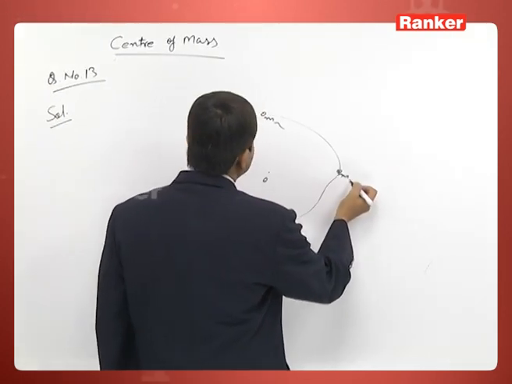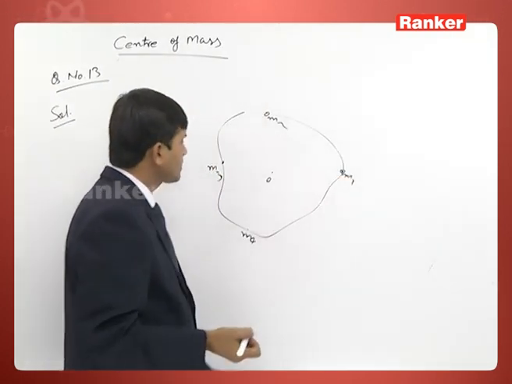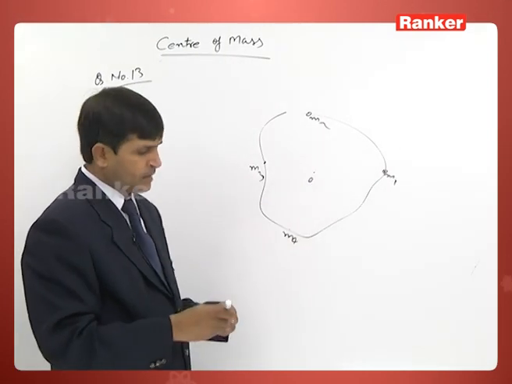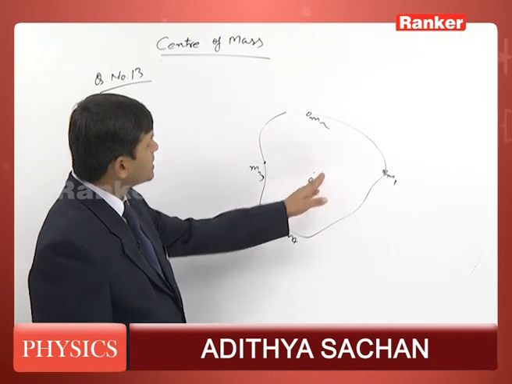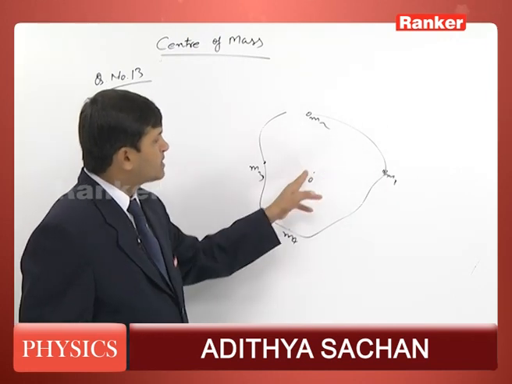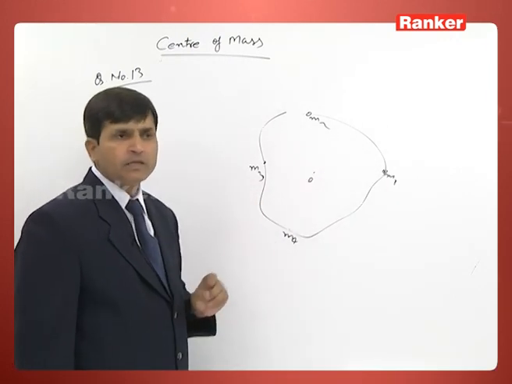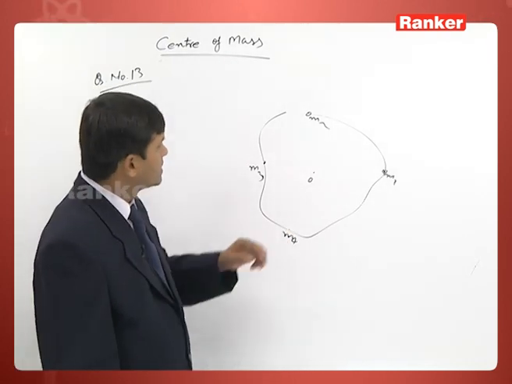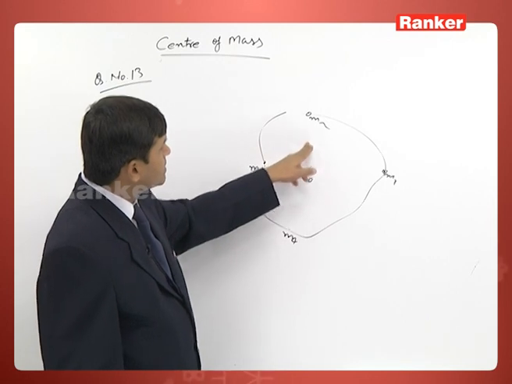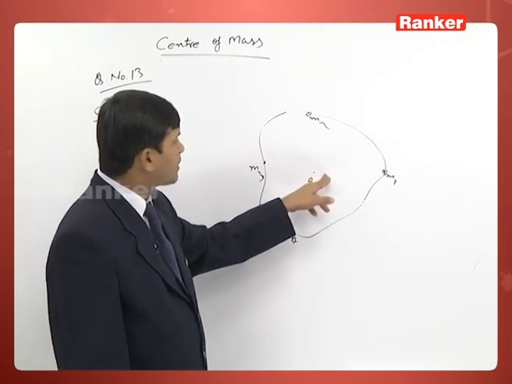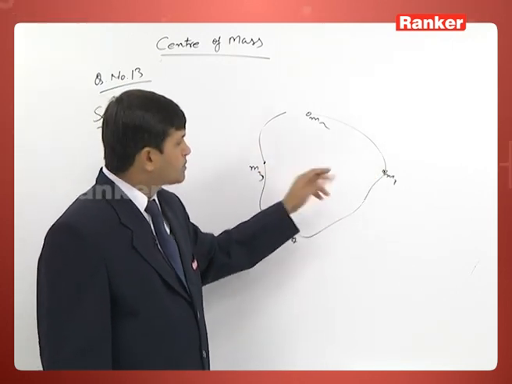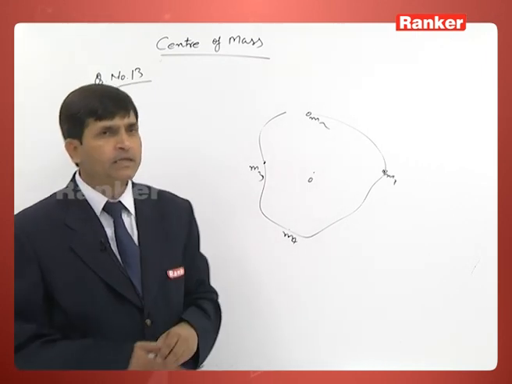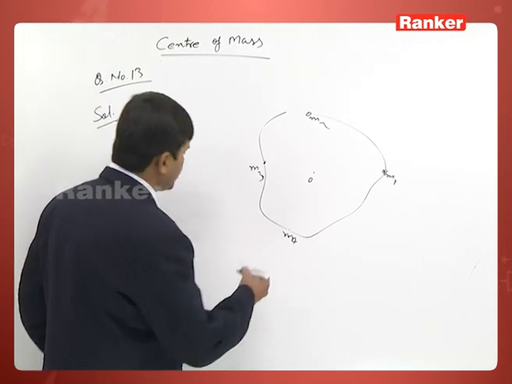Whatever the masses of these particles, if these particles are at different distances, as the distance of the particles increases from point O, the center of mass distance will increase. But the center of mass cannot be more than the largest distance of the farthest particle.